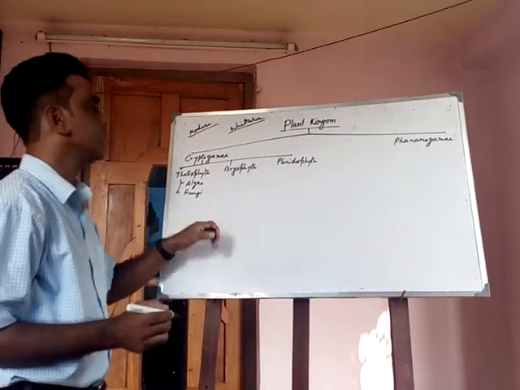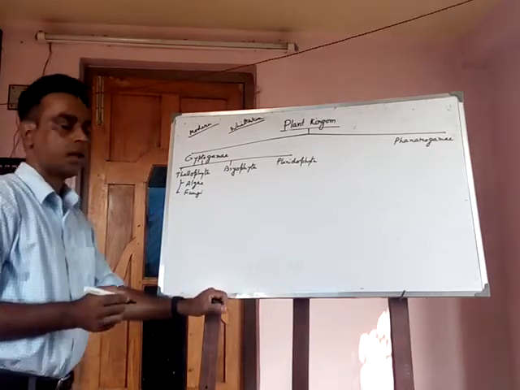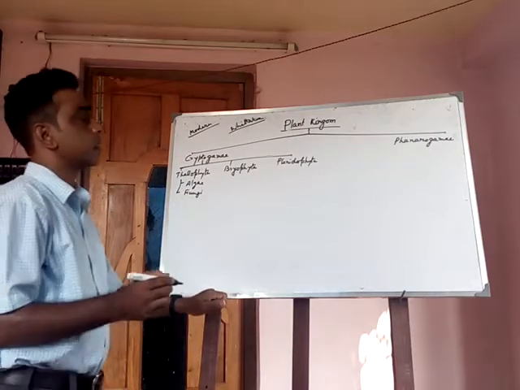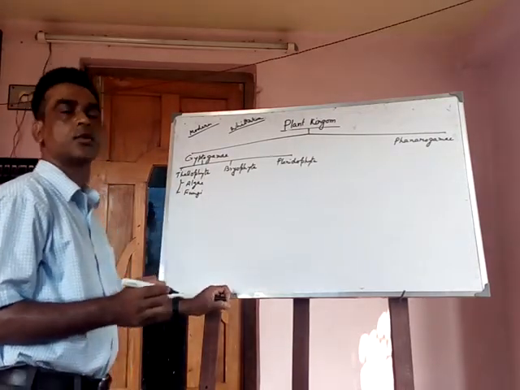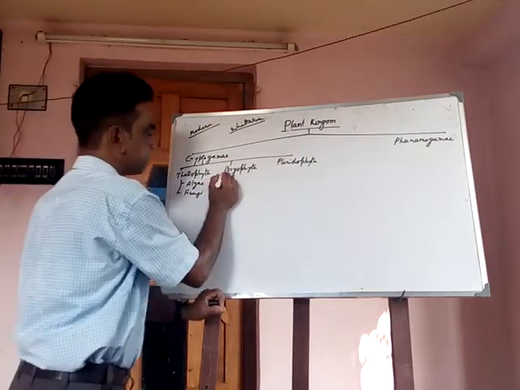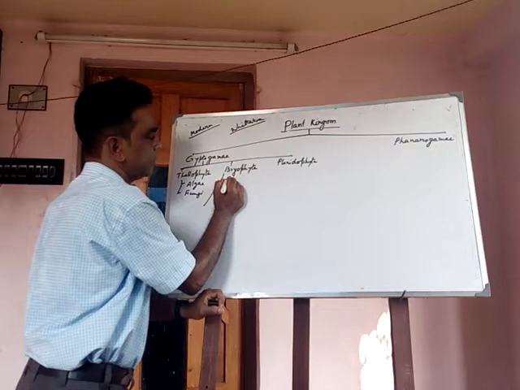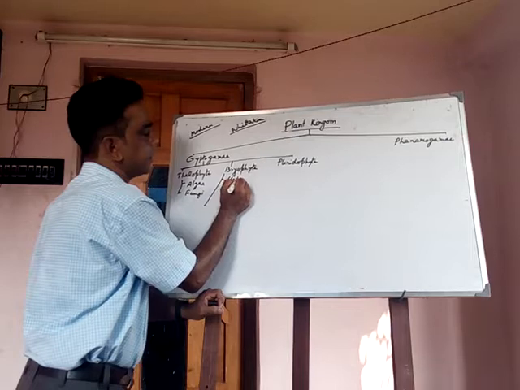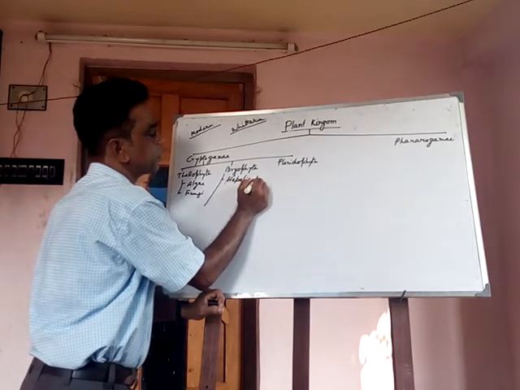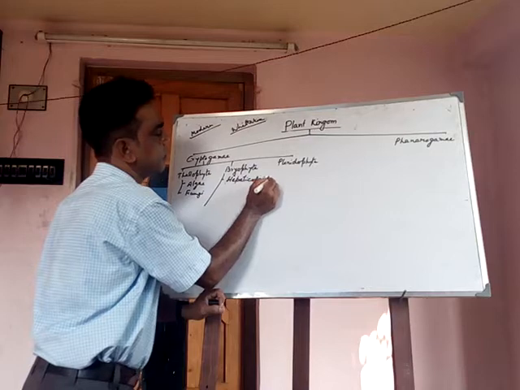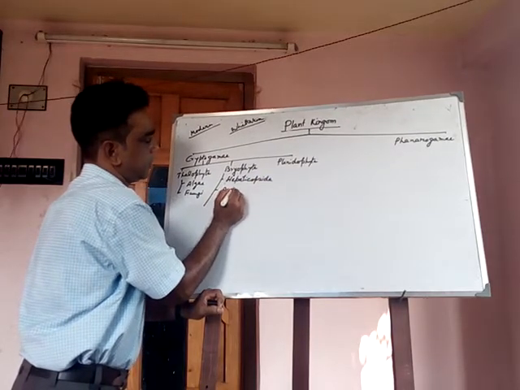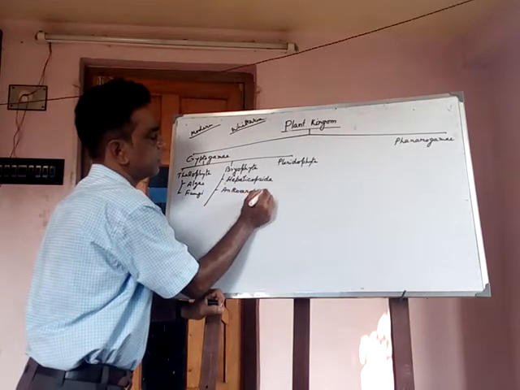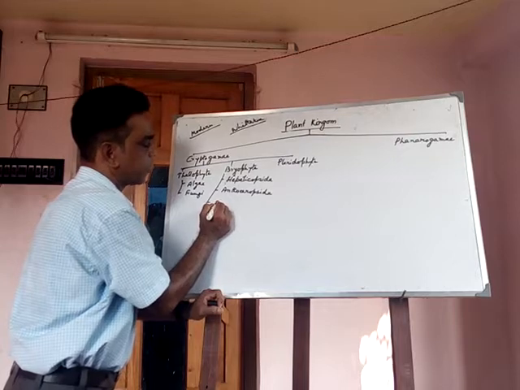Fungi are non-pigmented, and they are also heterotrophs. Now, bryophytes are divided into three classes: Hepaticopsida, Anthocerotopsida, and Bryopsida.